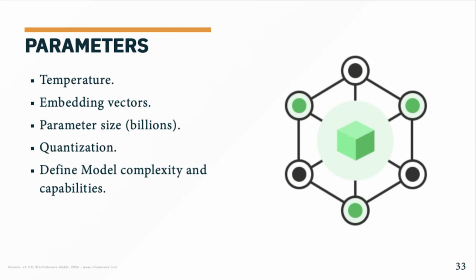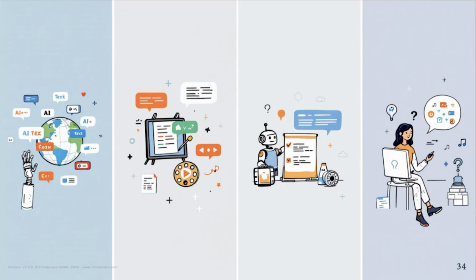We also have quantization, which pretty much just reduces the model's size and can make it faster to run, especially on hardware-limited devices. So in short, these parameters like temperature, embedding, and so on, they shape how a large language model can perform, and it allows us to fine-tune it for any specific tasks.